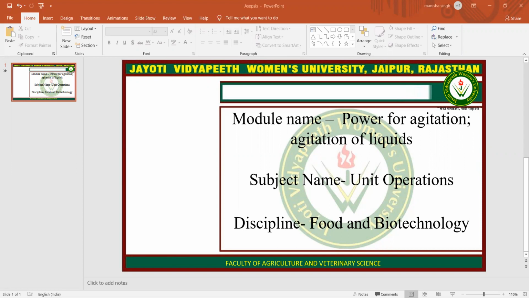Mixing and agitation find wide applications in microbial engineering processes. Depending on the nature of the fluid and the mixing vessel, different types of impellers are used to achieve the degree of blending. The impeller types are, number one, propeller.